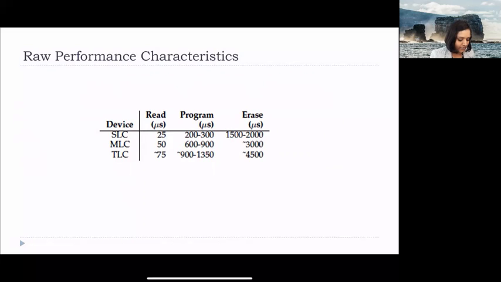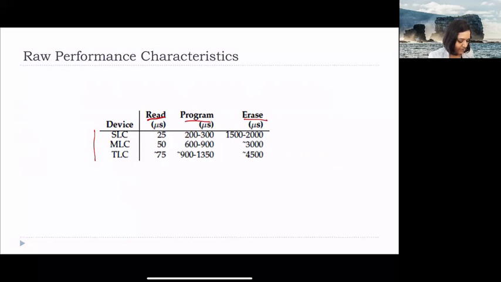So how does this translate to performance? In this table, we can compare the latency of SLC, MLC, and TLC in the rows, and we can see how specifically their read, program, and erase performance could vary.